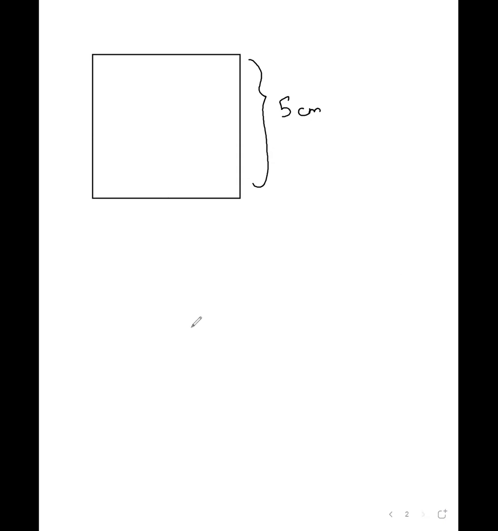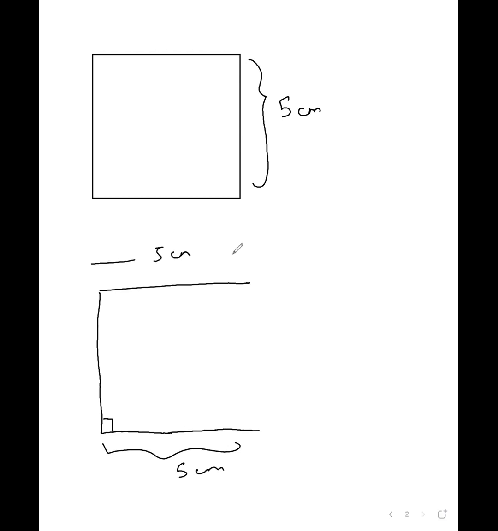First you draw one line segment of 5 centimeters, then another at 90 degrees, another line segment of 5 centimeters, then another one. You measure from here to here, this should also be 5, and from here to here, this should also be 5. Then you join these two and measure this just to check, and it will be 5 centimeters. So then you have made a congruent square.